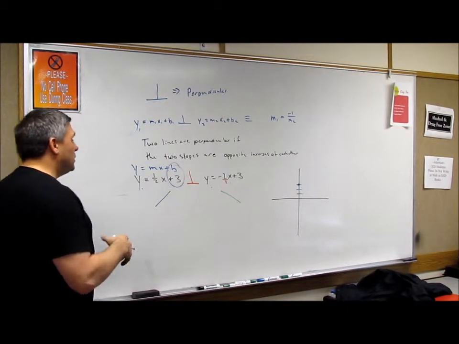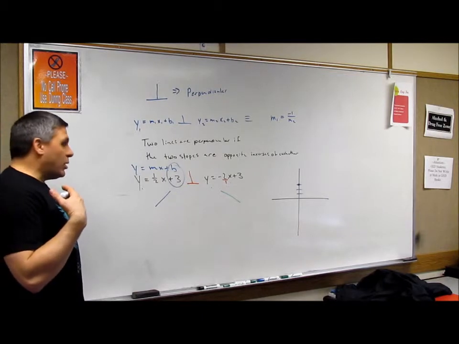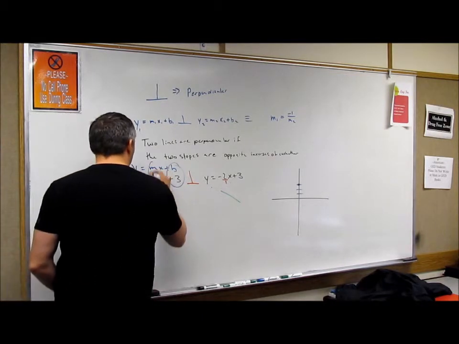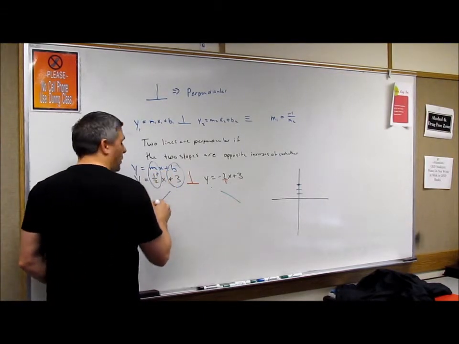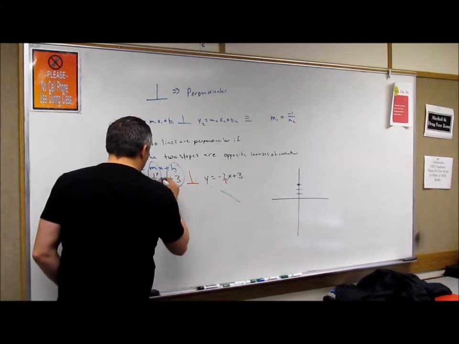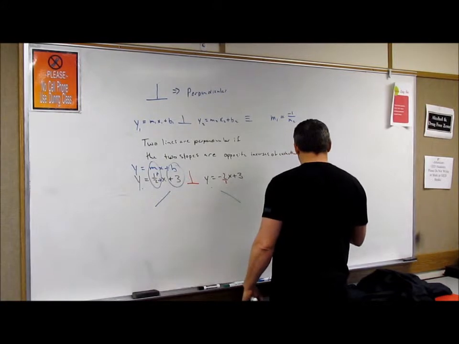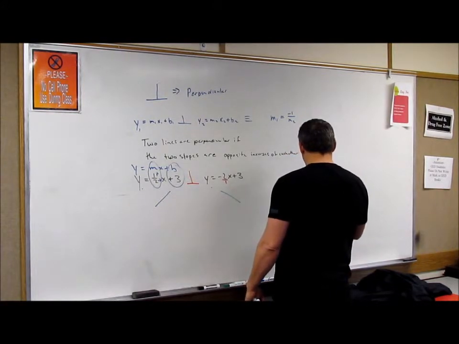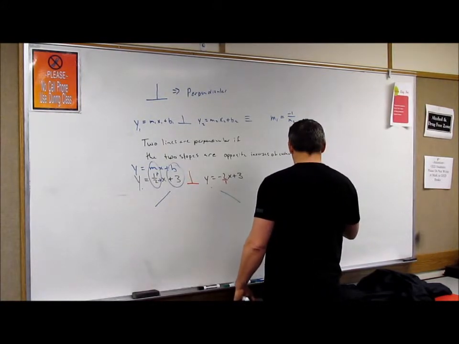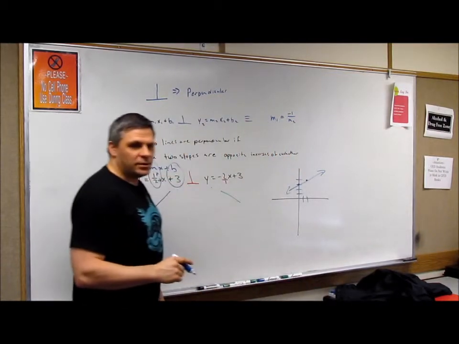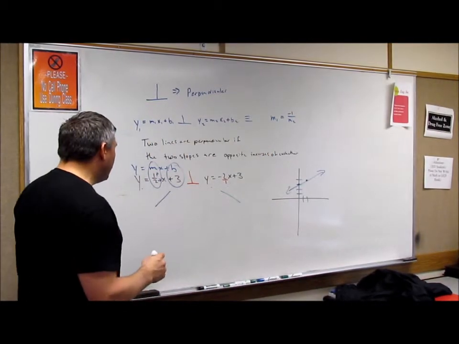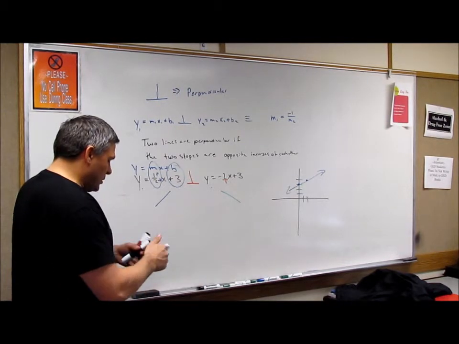And so I go up 1 and right 2. Up 1 and right 2. So I got this positive slope line, right? Okay, now let's do the other one.